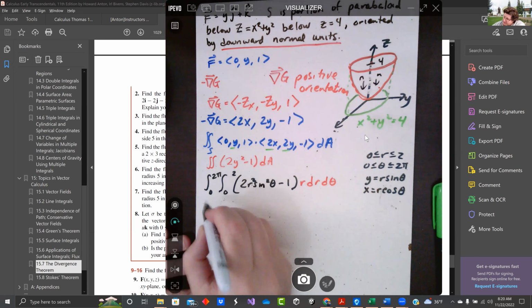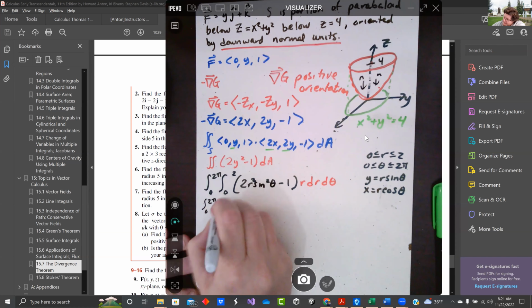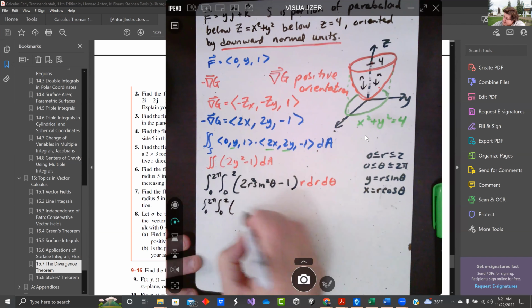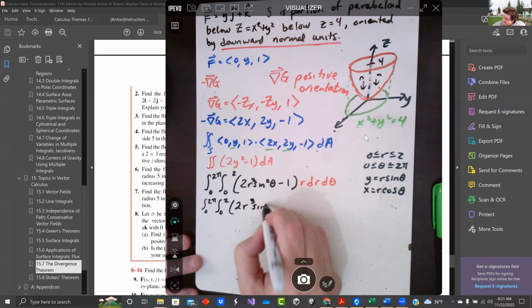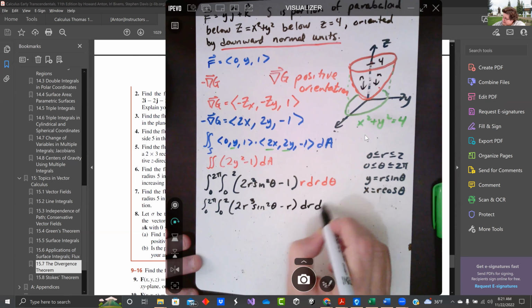All right, so what is that when we clean it up? 0 to 2 pi, 0 to 2. I've got 2r cubed sine squared theta minus r dr d theta.